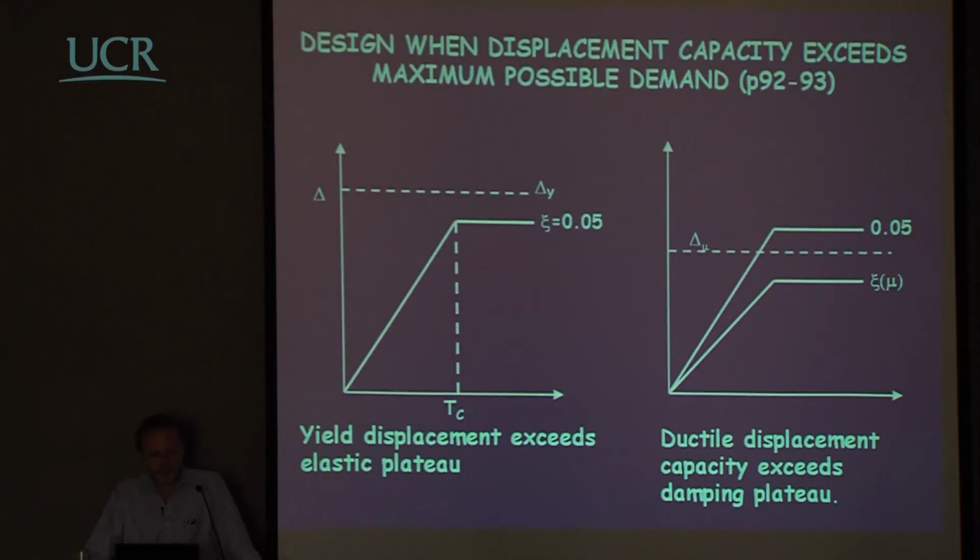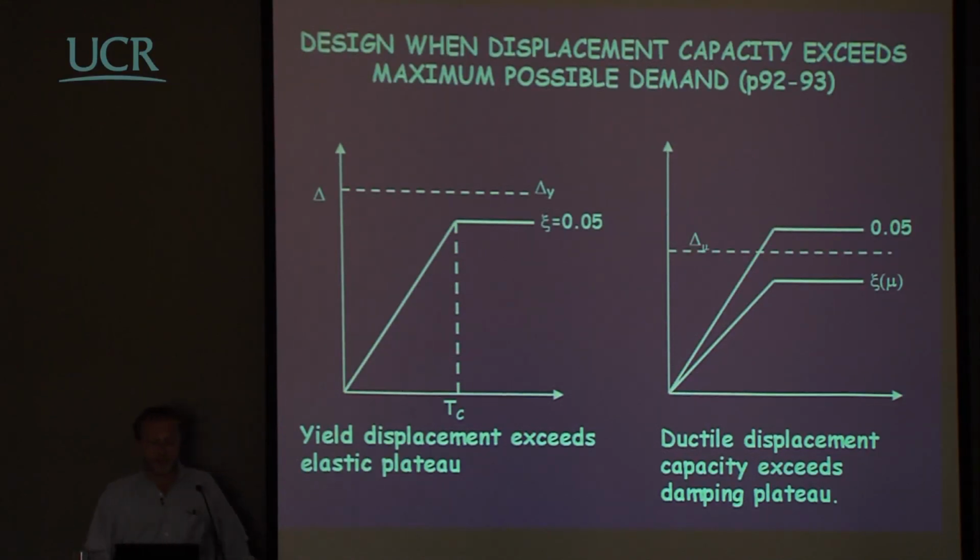In this case, the answer is very simple. You could design for any period of vibration which is exceeding this value, and therefore, in a way, you don't have a unique choice for what concerns your strength. I think that tomorrow there will be more examples on this aspect.